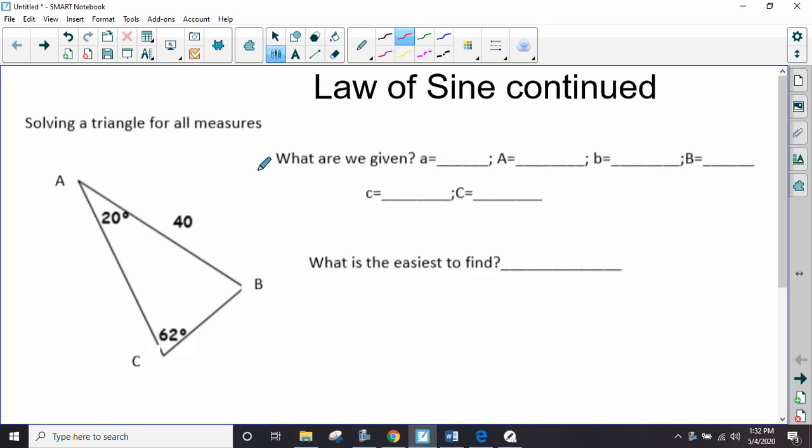Okay, now please remember that if this is large A, little a would be here. It's across from its angle.